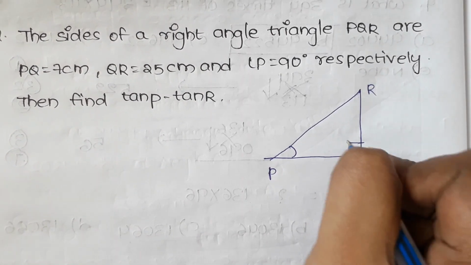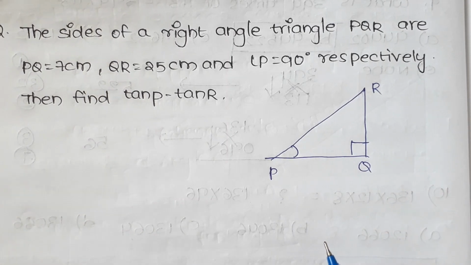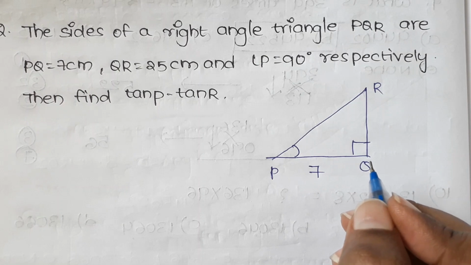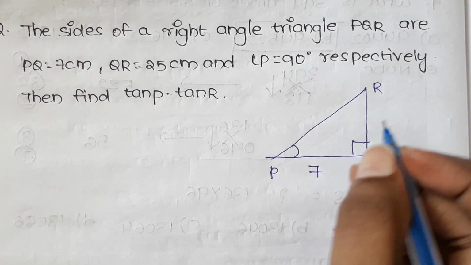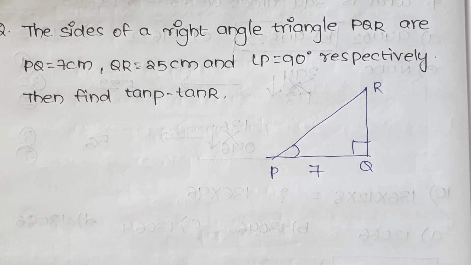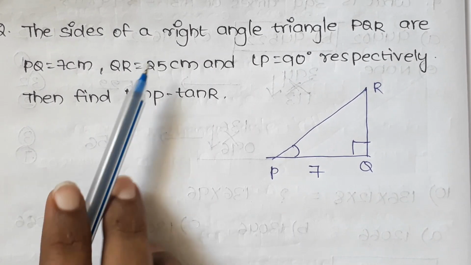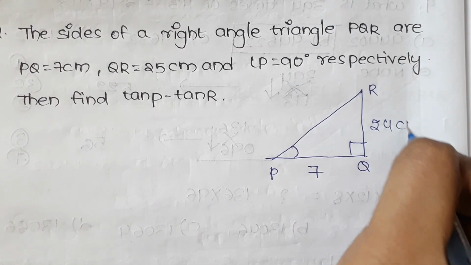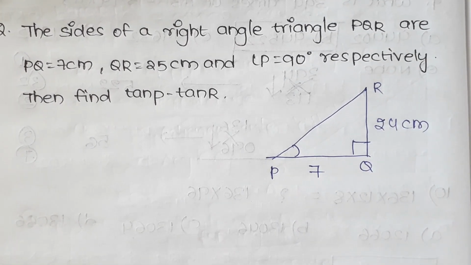PQR, and here let us write the given data, that is PQ is 7 centimeter and here the question given in the textbook is somewhat incorrect. Here QR is 24 centimeters. Let us write this.